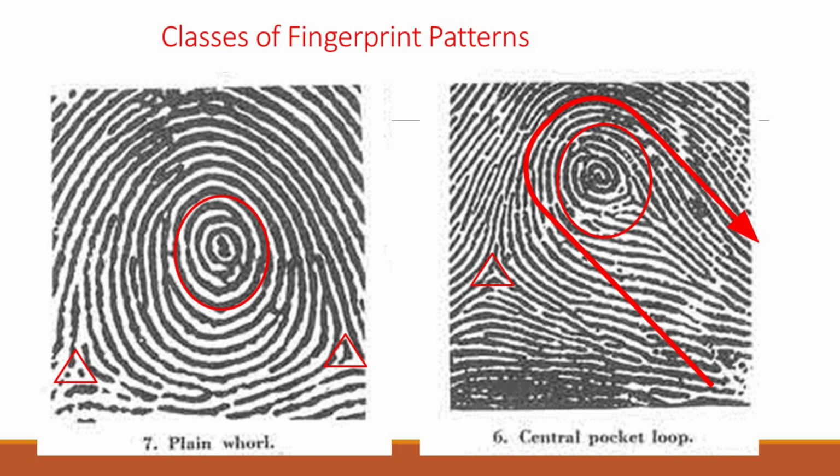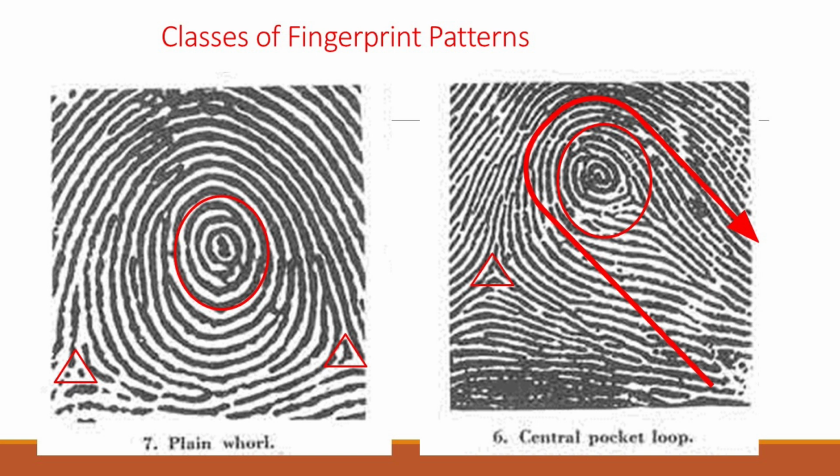But just as I said, the whorl can be subdivided into four. You have plain whorl. In plain whorl, you have the innermost recurve that forms something like a circle or ring of circle. And then we have deltas.